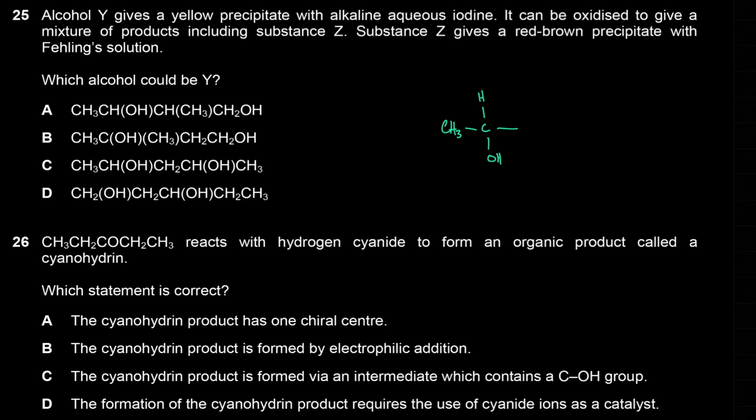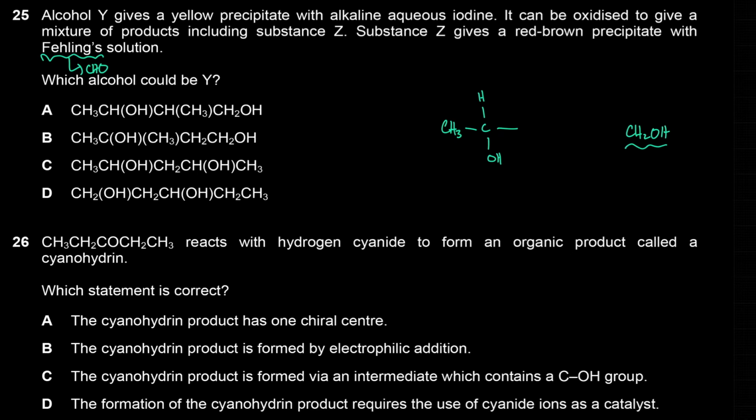And when the alcohol is oxidized, it gives a substance that gives a red-brown precipitate with Fehling's. That means when we oxidize the alcohol, we can get a CHO group. So there's also a primary alcohol group over here.